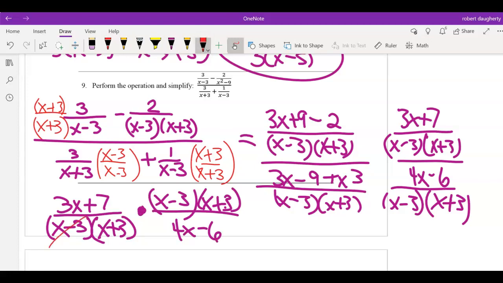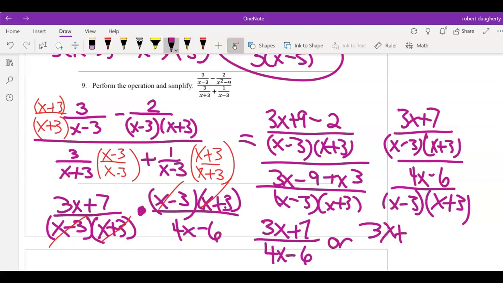Now you have simplification. x minus 3 over x minus 3, x plus 3 over x plus 3. This final answer is 3x plus 7 over 4x minus 6, or you could write 3x plus 7, and here you could factor out a 2, and you would have 2x minus 3. So either of those would be sufficient answers here for this problem.